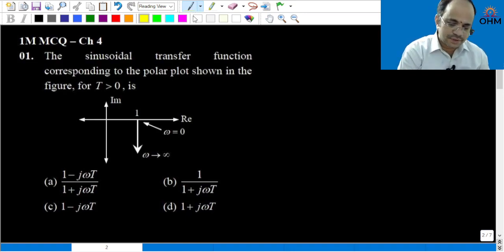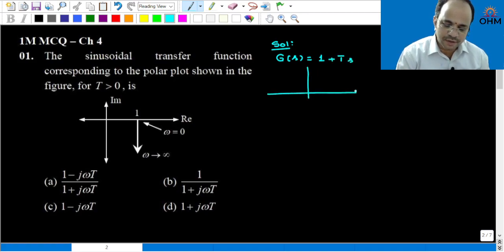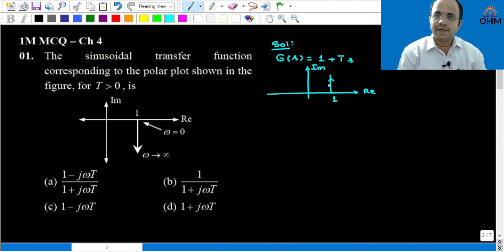Now, if you just recollect the polar plot of, suppose, G(s) = 1 + τs. For this particular transfer function, when omega is equal to 0, the real part is 1. When omega is increasing from 0 to infinity, the polar plot will move vertically upward.